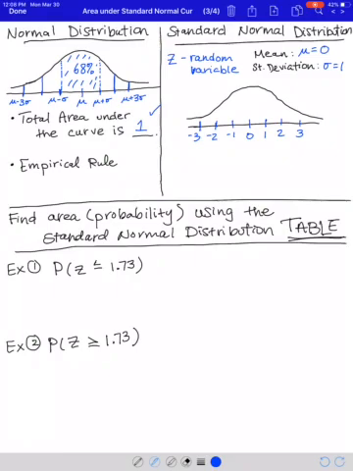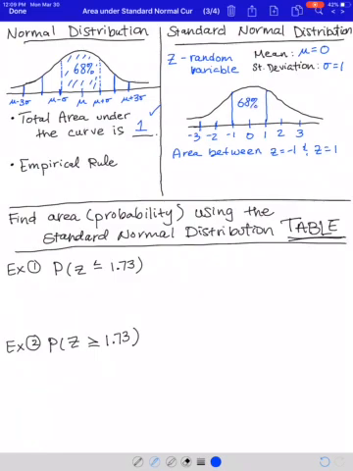So what this means is that the area between z equals -1 and z equals +1, so that's this area here, notice this is just 1 standard deviation on either side of the mean. So this is still going to account for 68% of the area.